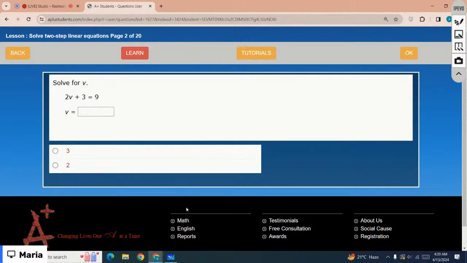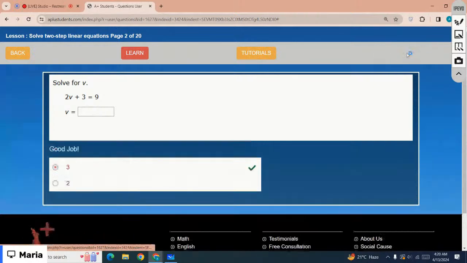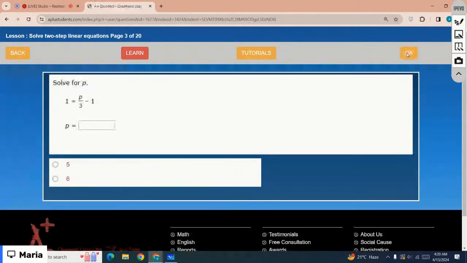It is option number 1 is the correct option. Okay, the next one is solve for P, which is the correct option.